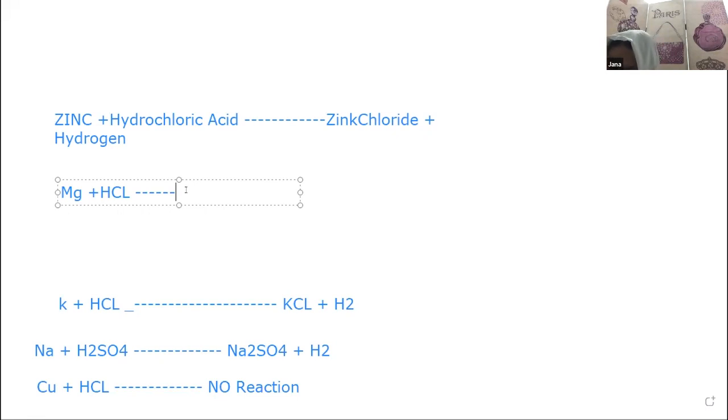Magnesium plus hydrochloric acid gives magnesium chloride. Its chemical formula is? Magnesium is divalent, its valency is 2, and chlorine is monovalent.